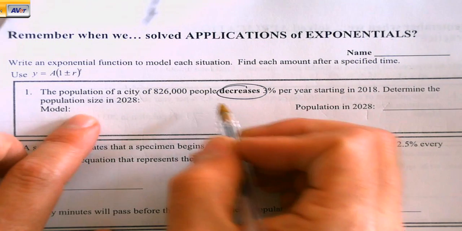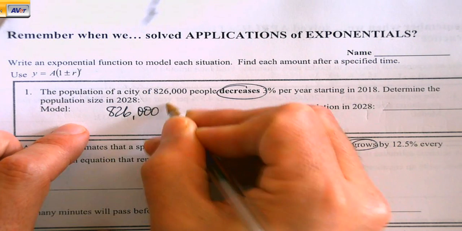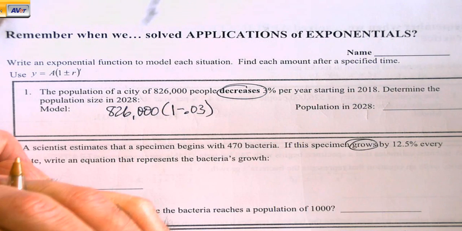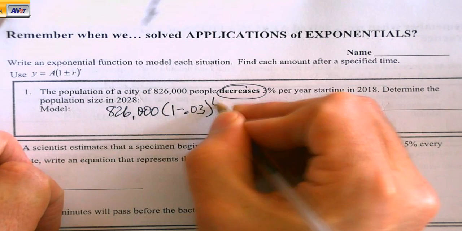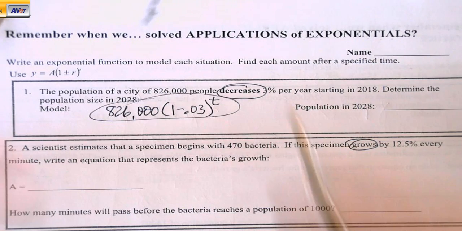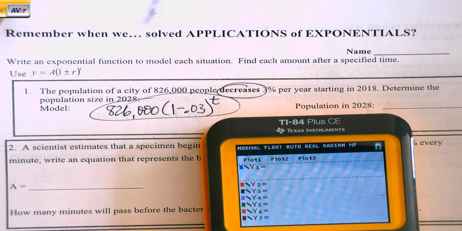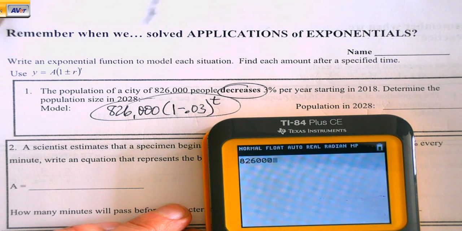So, decreases, my model would be my base population times 1 minus my percentage, to the power of t. That's my model. But then when we're asked for a specific number, in this case the population, I'm just going to take that value.